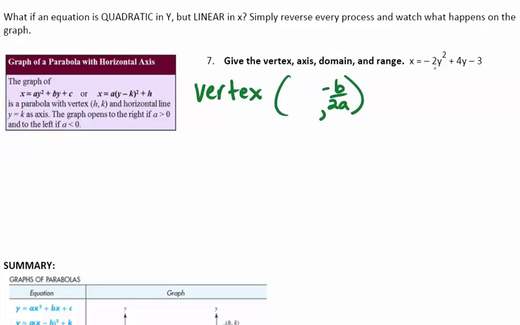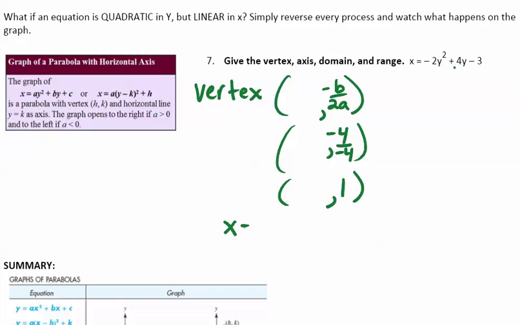Here, if we do this formula first, since I wrote it first, you could do this in any order, but the opposite of b would be -4, and 2 times a would be -4. So we know that the y-coordinate of our vertex is 1. And then how do we find the x-coordinate?